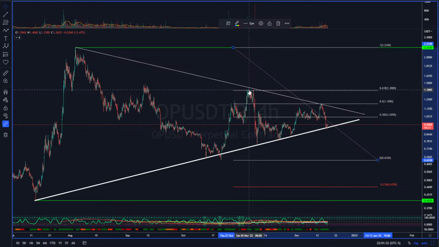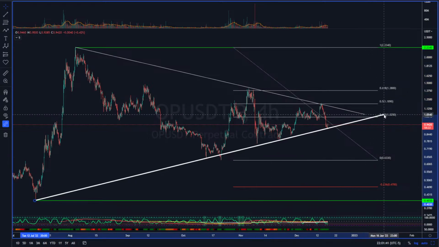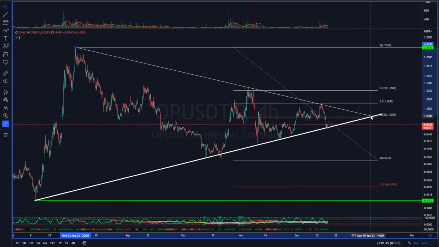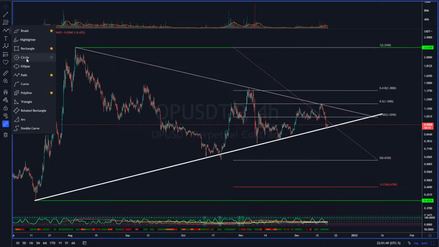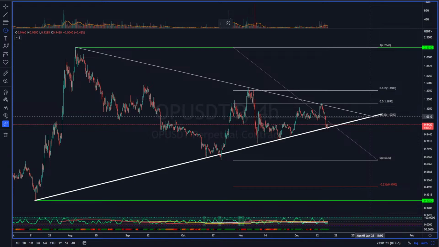Now, the apex of this wedge is getting closer and closer to completing, right? So even if we're above or below it, more often than not, when that wedge reaches its apex and completion, which in this case would be on January 8th, 2023, there will be a big move.